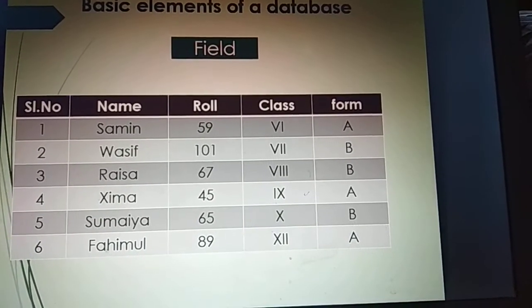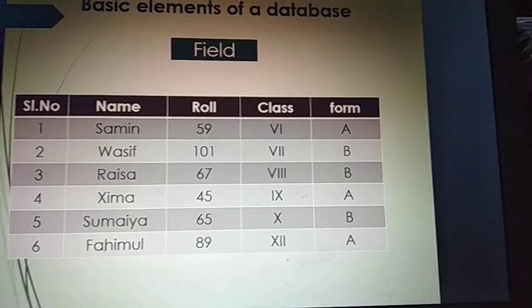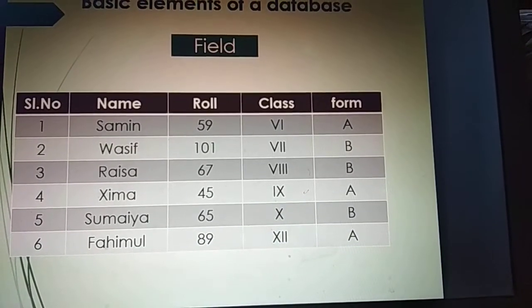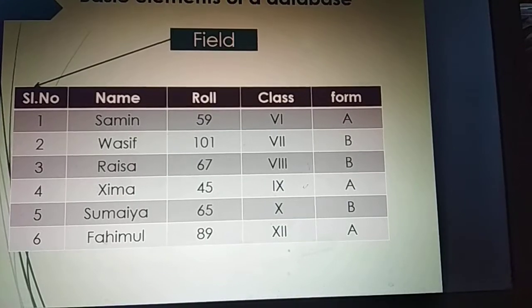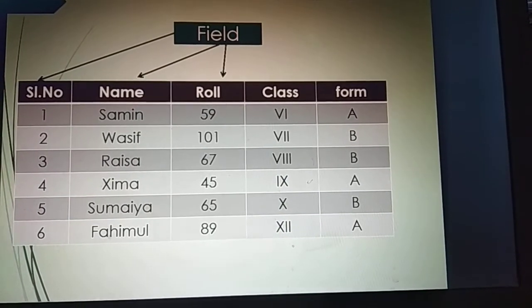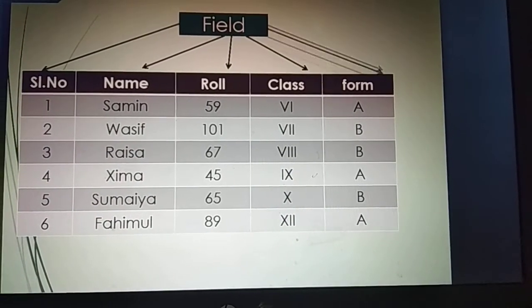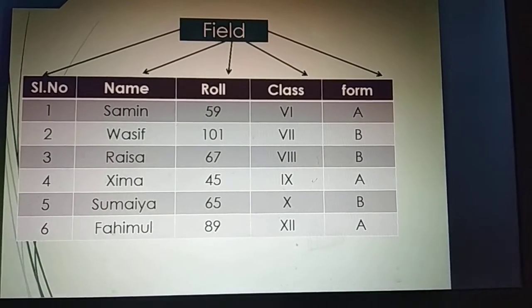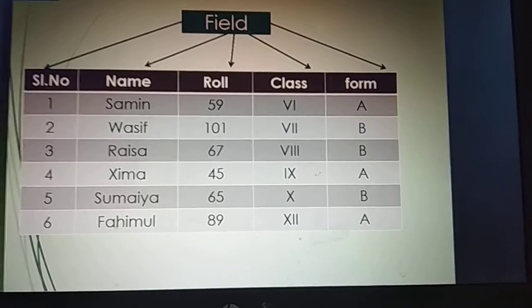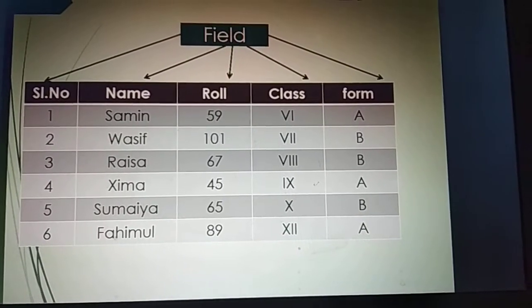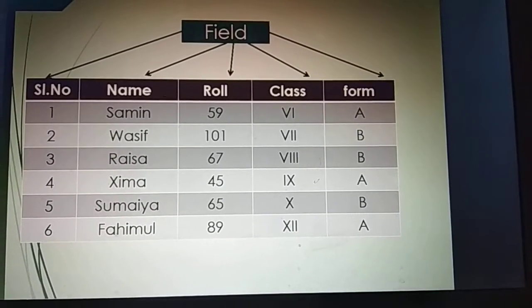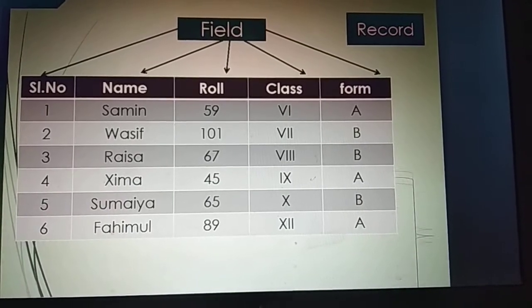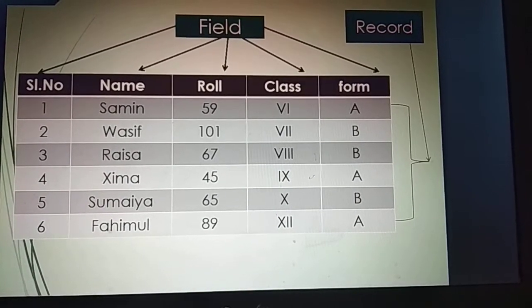Here is the example of all the basic elements, like field. What are the fields? Fields here in this example are serial number, then name, roll, class, form. All are fields. That means for these elements we are collecting data to make the database. Then comes record. What are the records? These are the records.